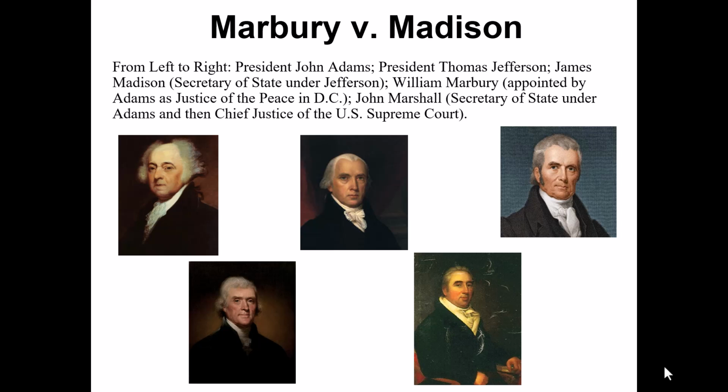If we go up, in the middle there, James Madison. James Madison is the Secretary of State of the new President Thomas Jefferson. Go down, William Marbury. He's the name of the case. He's the one who's suing. He is suing James Madison, the Secretary of State of Thomas Jefferson.